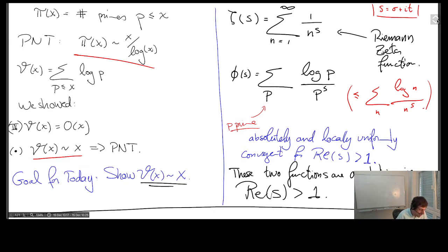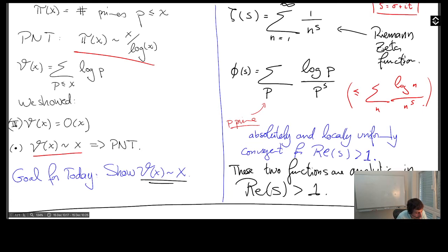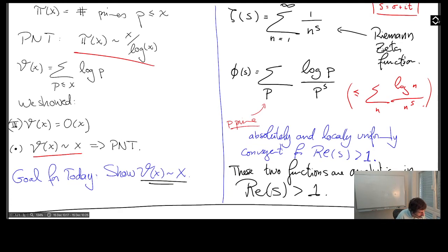In particular, we're going to be interested in understanding analytic continuations of it past this half space of real part bigger than 1. In particular, I want to understand better what this function does for, say, real part positive. And then I'll mention a little bit about what the Riemann hypothesis is.